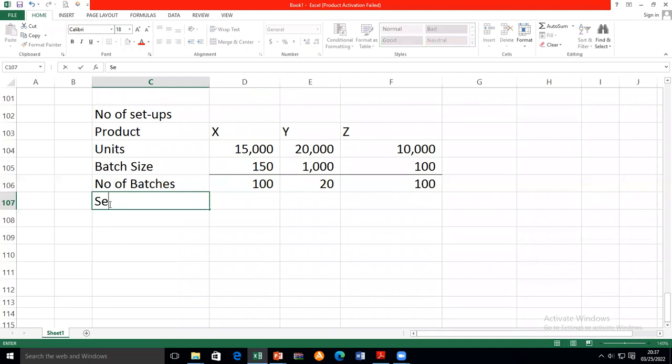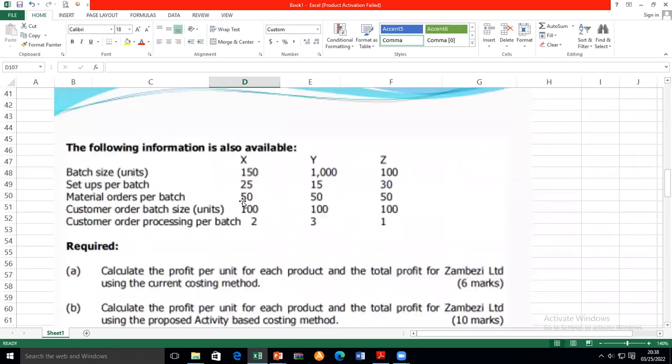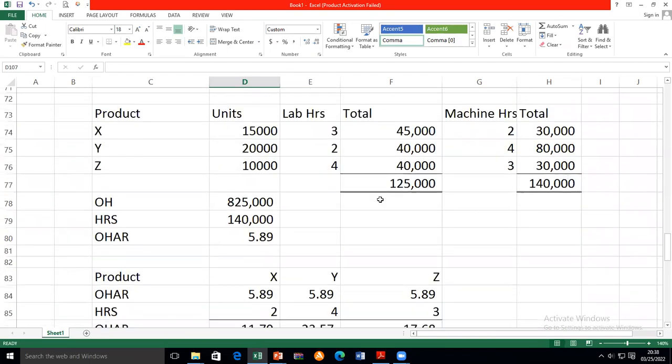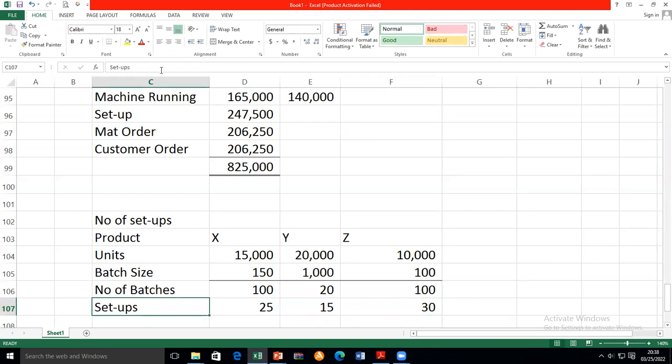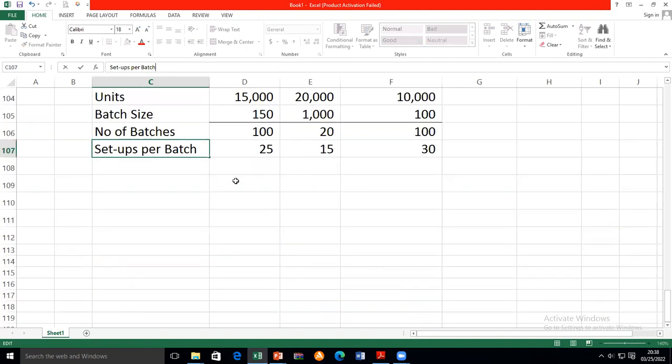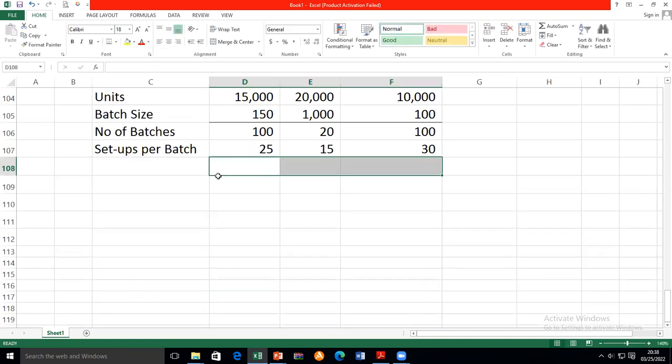And how many setups per each batch? So look at the setups. Per batch, 25, 15, and 30. So these are the number of setups per each batch. Therefore, you can now calculate the number of setups.